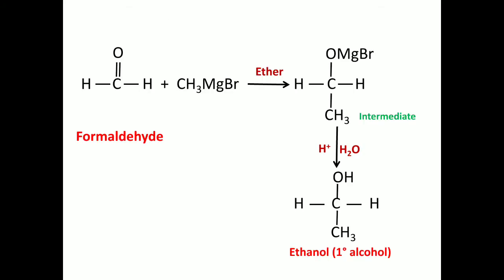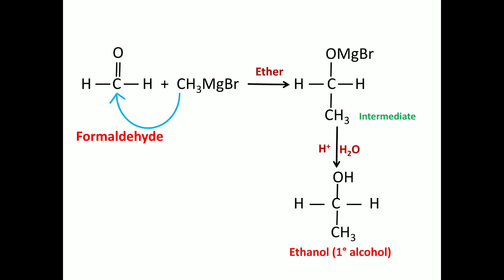Suppose we take formaldehyde, that is HCHO, and CH3MgBr as the Grignard reagent. The reaction proceeds in the presence of dry ether. The methyl group is attracted to the carbonyl carbon, because the methyl group has a partial negative charge and the carbonyl carbon has a partial positive charge.